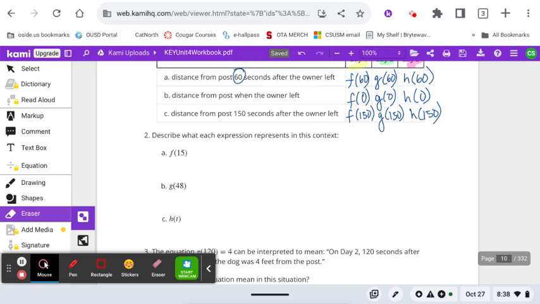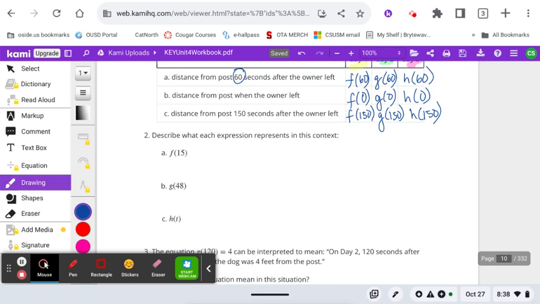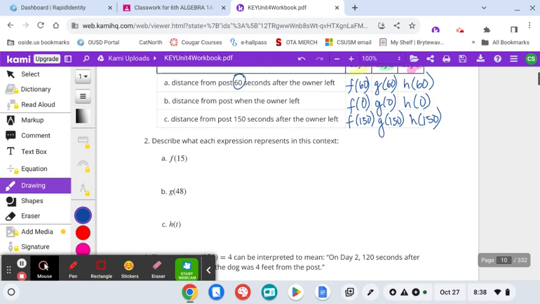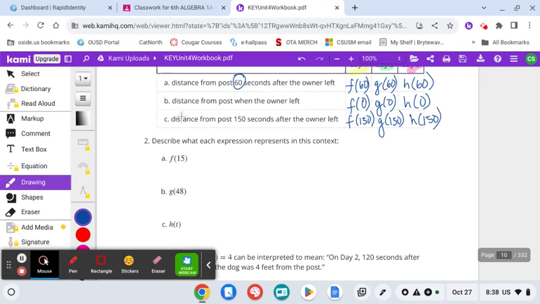Now let's describe what these mean using this new language that we're learning. So F of 15 is the distance from the post 15 seconds after the owner left. Actually, let me type with text so you can read it a little bit easier.